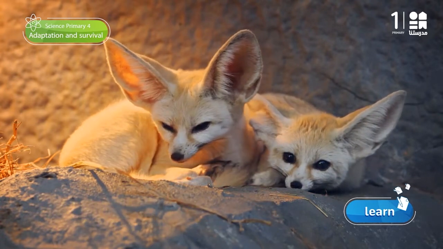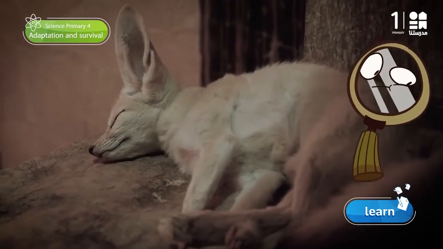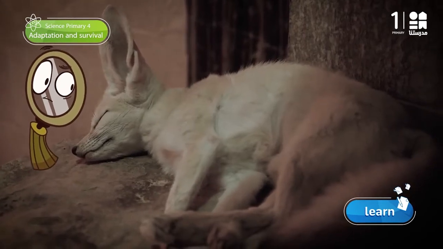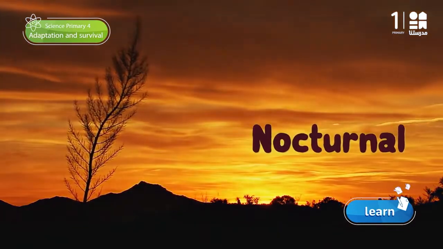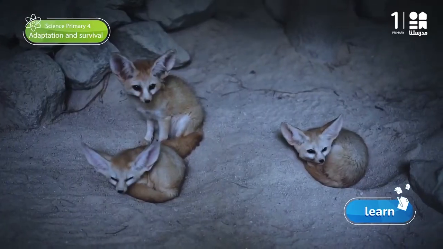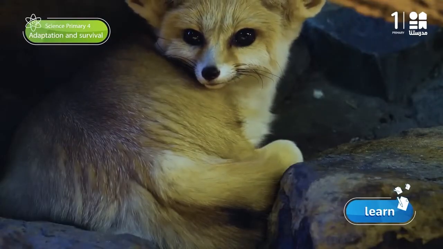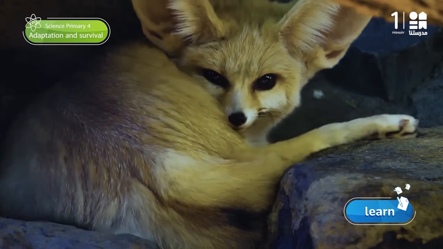So why the huge ears? This little fox has excellent hearing, and its ears are also very good at helping it stay cool. The fennec fox is nocturnal, so it can avoid the extreme heat of the day. But nights are cold in the desert, and fennec foxes have long, thick hair that keeps them snug when the sun goes down.